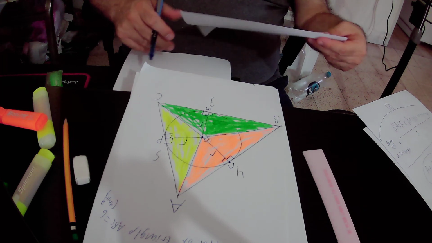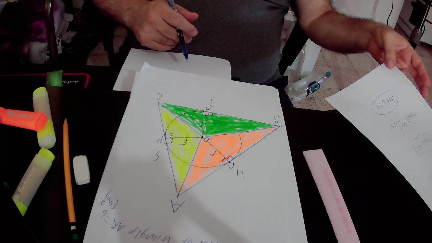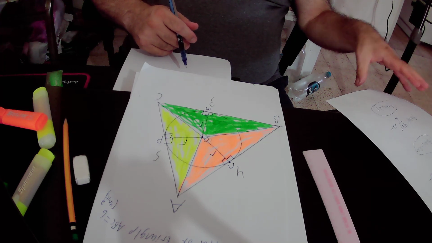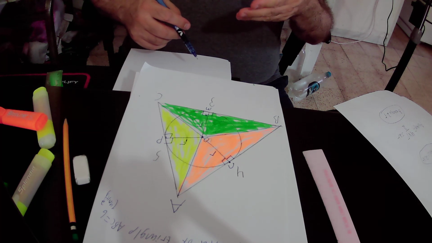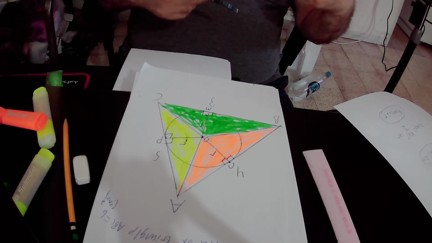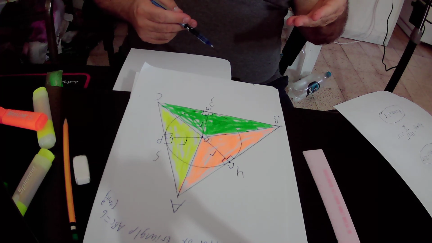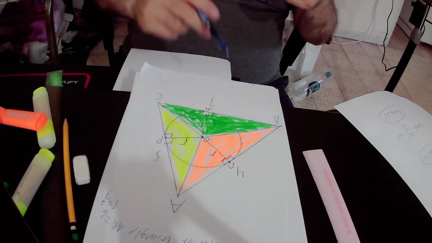So the sum of the area of the green triangle plus the area of the yellow triangle plus the area of the pink triangle will be equal to the area of triangle ABC.